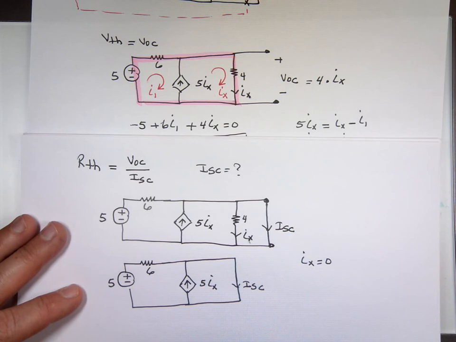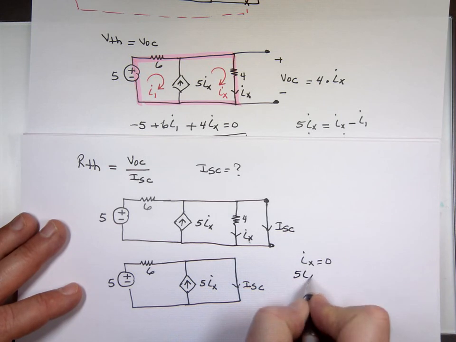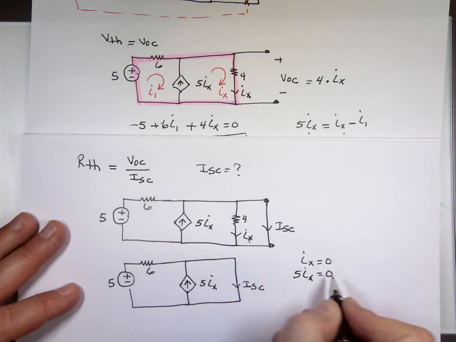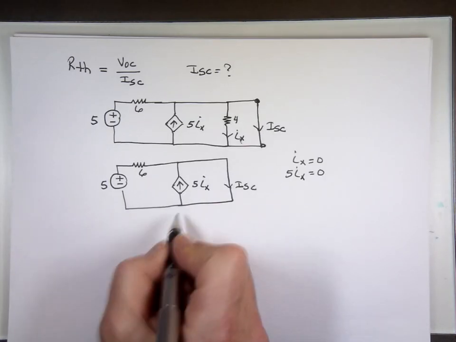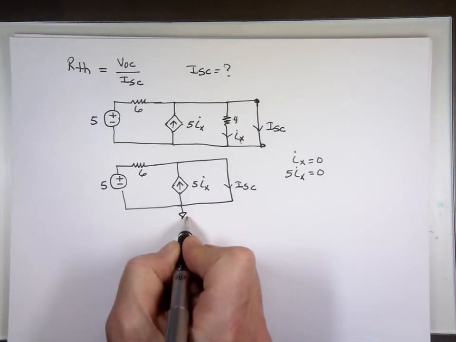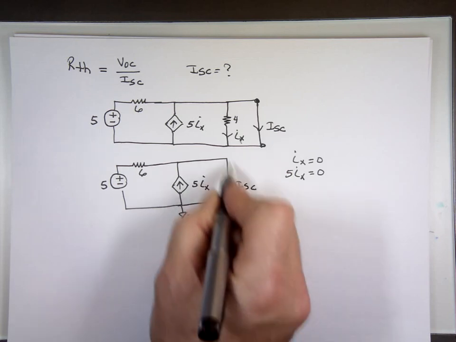If I sub x is 0, that means 5 times I sub x is 0. Now let's look at this circuit. If this is your ground here, that means this voltage is 0. This is a wire connected that's 0 voltage.